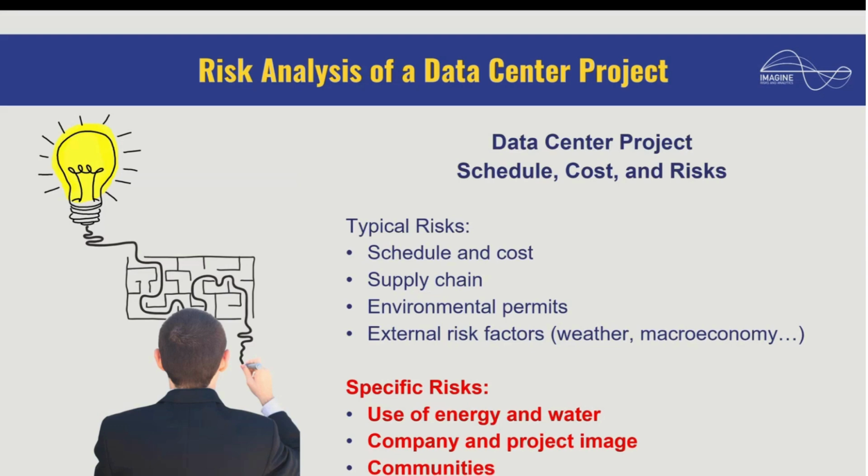So supply chain problems, either delays or costs or exchange rates, things that might affect your supply chain, okay? Product specification, quality. It's not only schedule and cost, but many other things that end up impacting schedule and cost, okay?